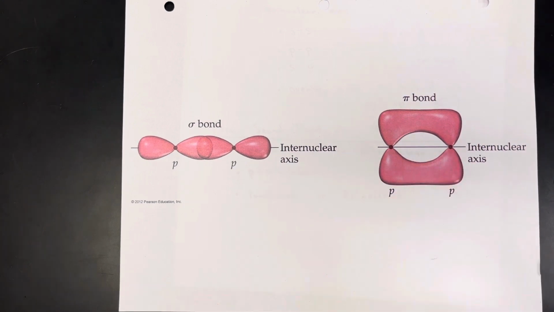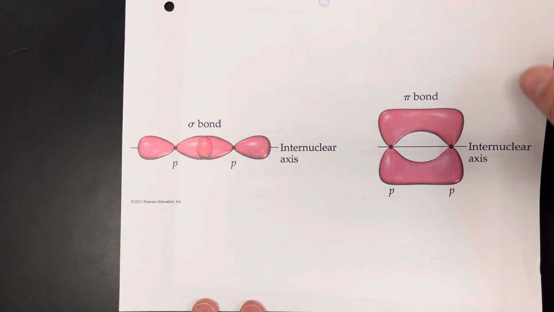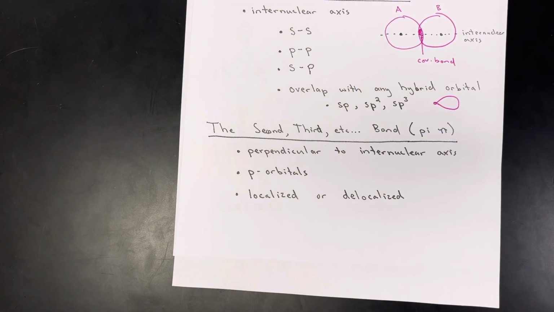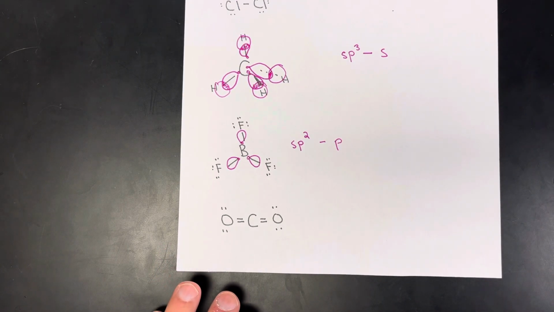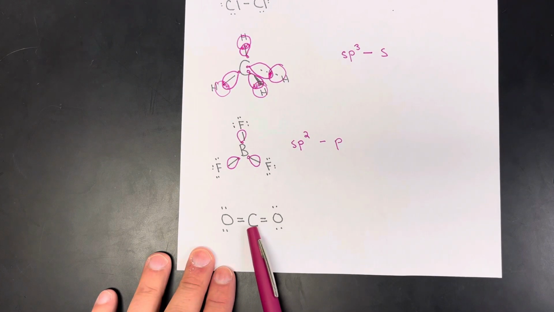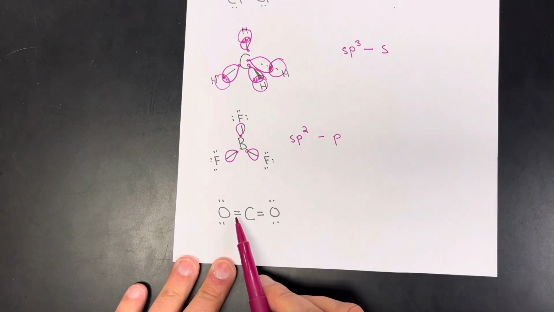Now, pi bonds will always be the second, third, or whatever extra bond that you might have beyond the initial sigma bond. So when we take a look at carbon dioxide, we want to see what type of orbital the central atom is overlapping, and we have to count our domains.